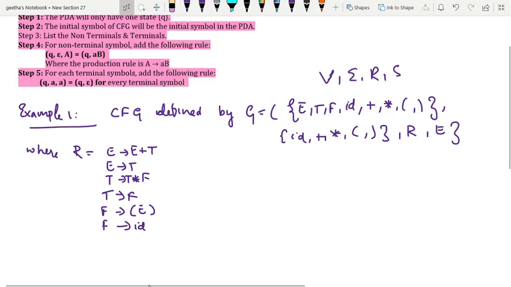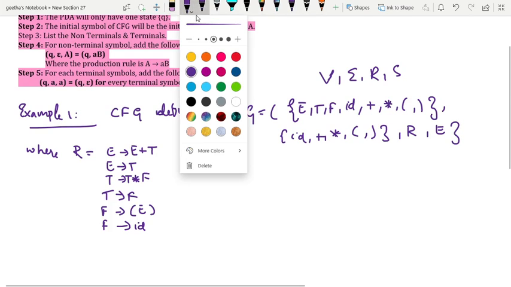So now how to convert this to PDA? The approach I am going to use here is a top-down approach for the construction of the PDA. Let's see the answer now.